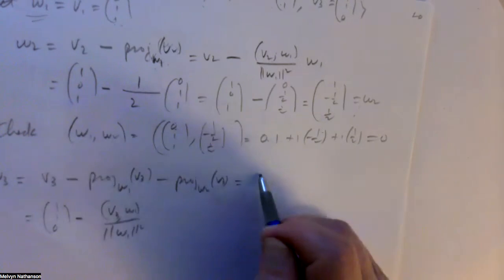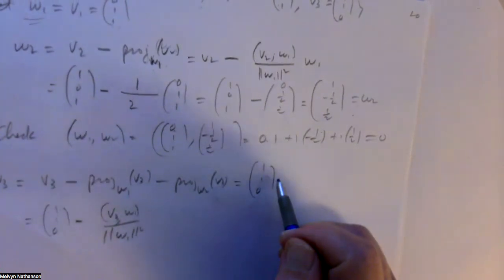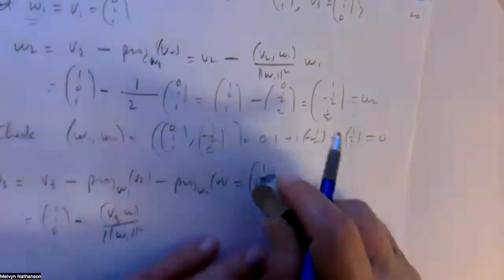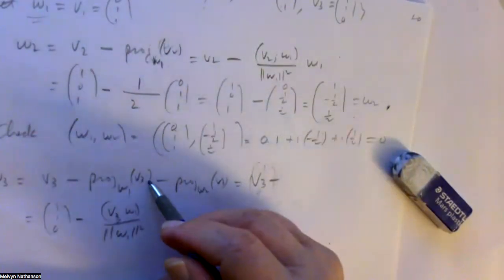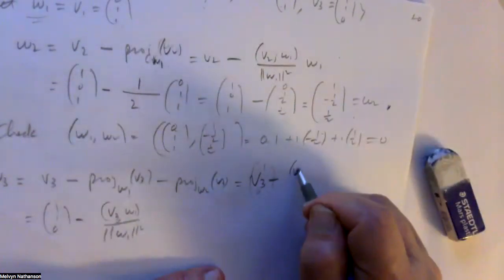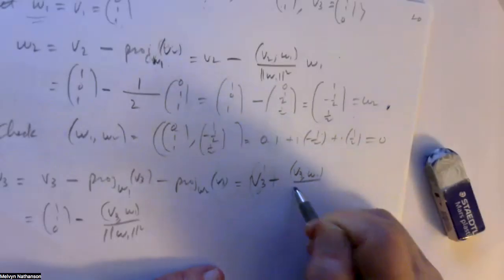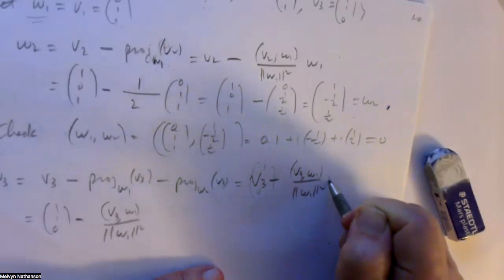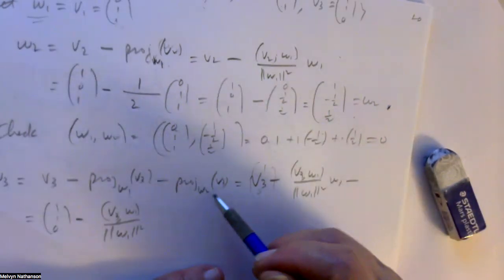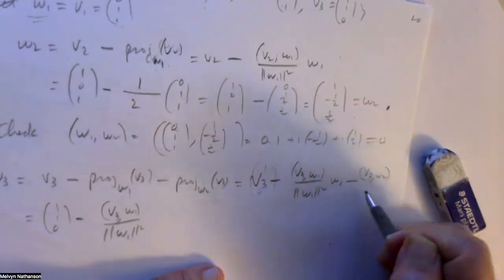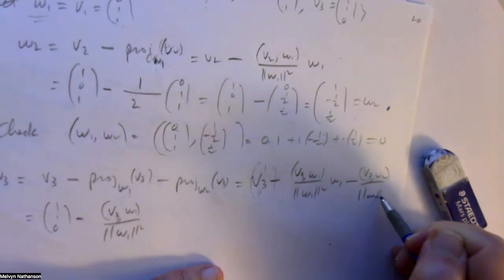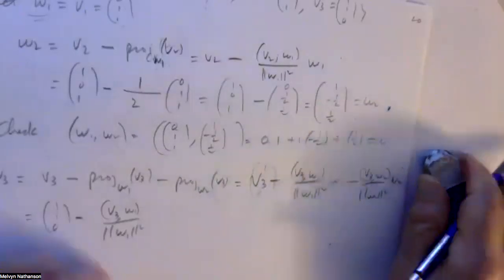So W3 is V3 minus V3 W1 over the length of W1 squared times W1, minus the projection of V3 in the direction of W2, which is V3 W2 over the length of W2 squared times W2.